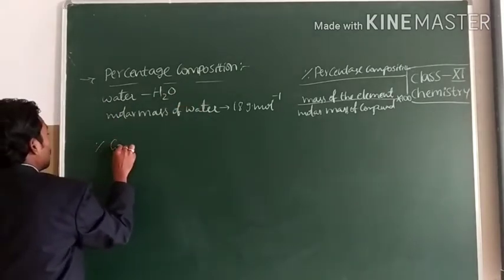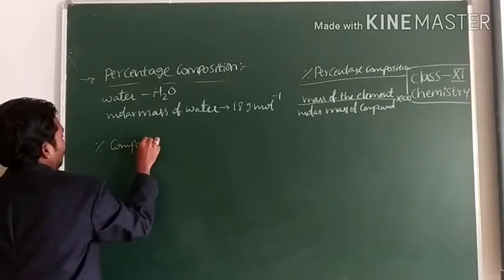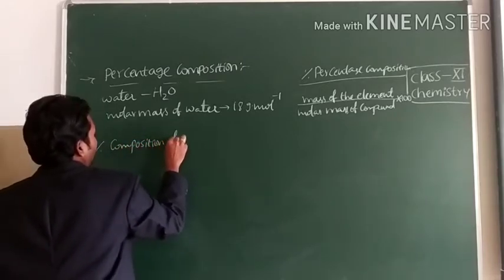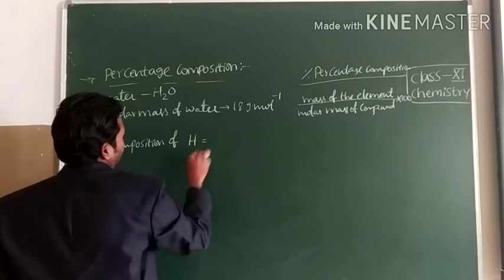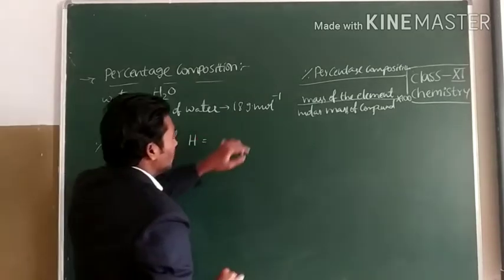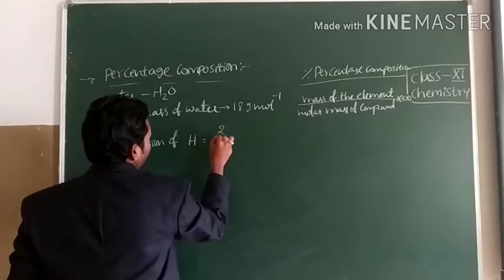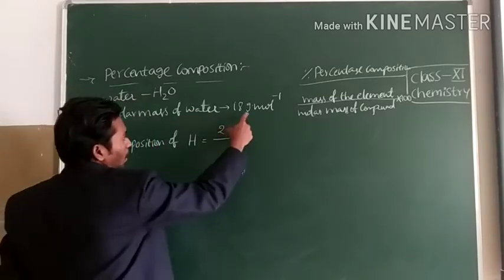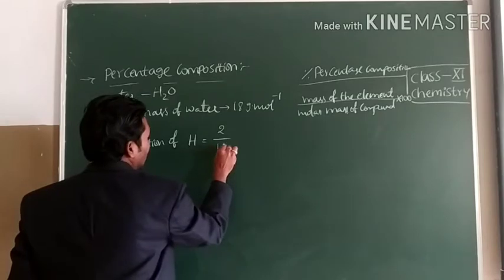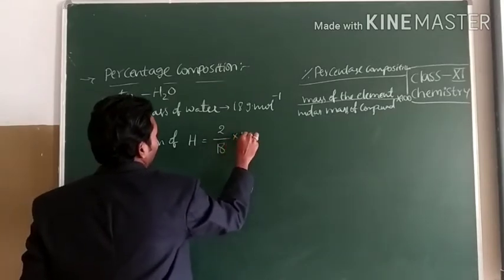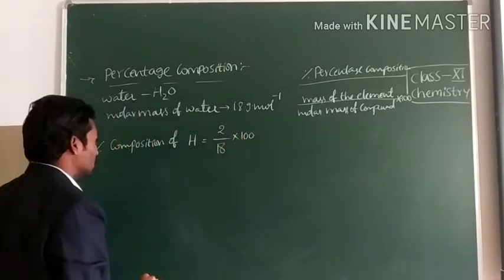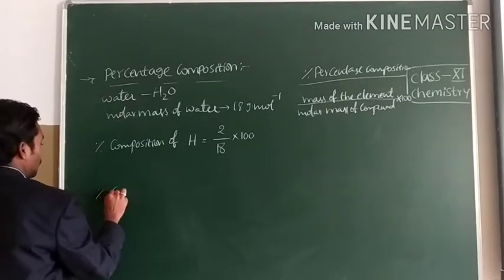Percentage composition of hydrogen is equal to the mass of hydrogen, 2 atoms are here so 2, and the molar mass of water, 18. 2 by 18 into 100. Next, the percentage composition of oxygen.